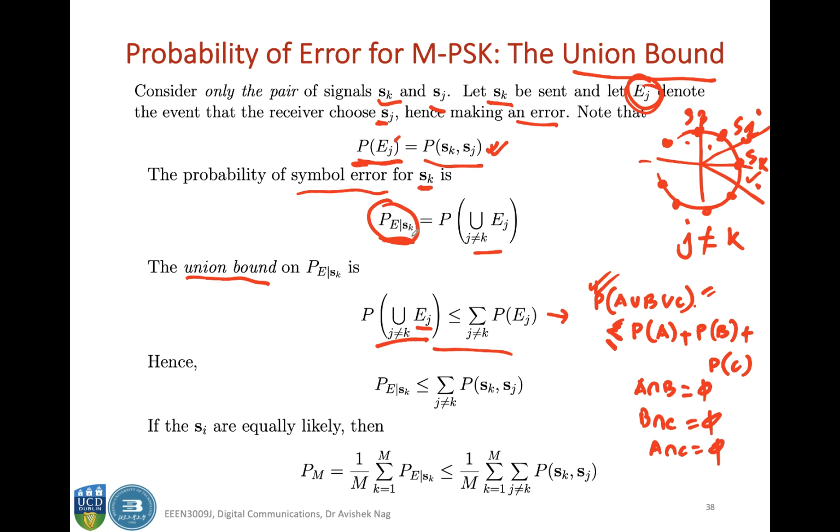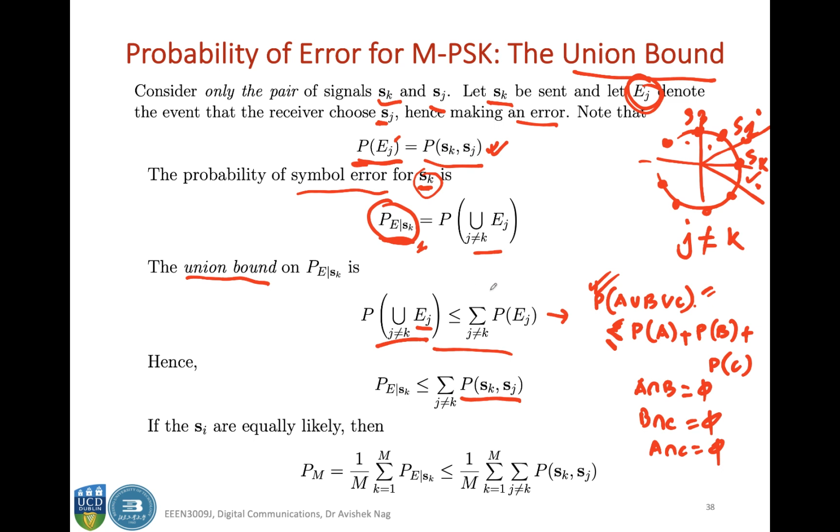So this probability of symbol error when Sk is transmitted is less than or equal to the sum of the pairwise probabilities between Sk and Sj. When Sk is sent, what is the probability that you choose Sj?